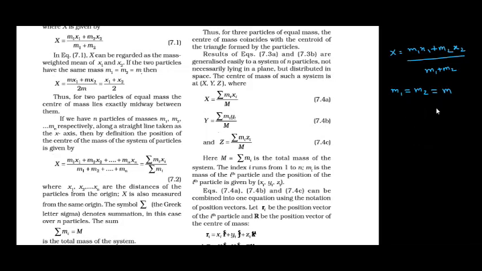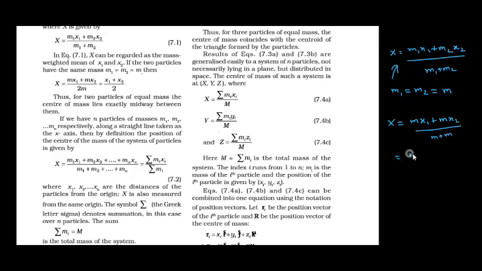Then replacing m1 and m2 in this equation, we get X is equal to m x1 plus m x2 upon m plus m.